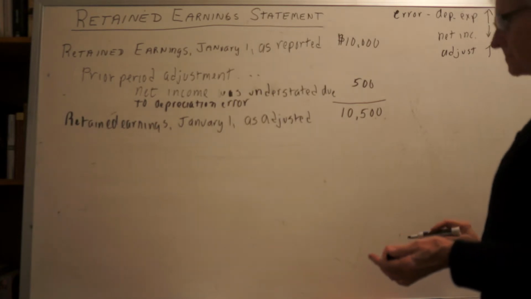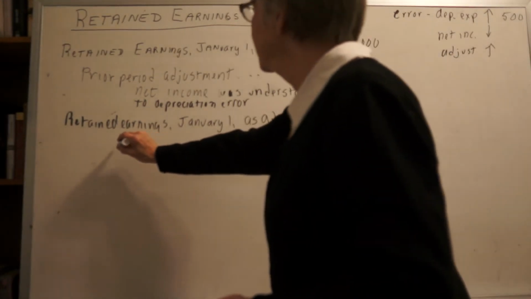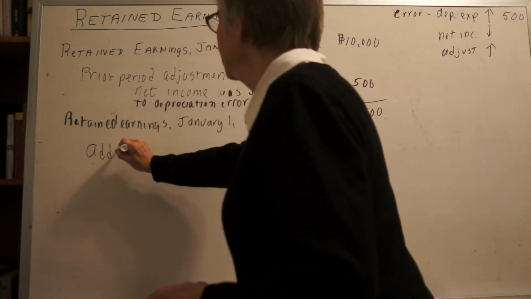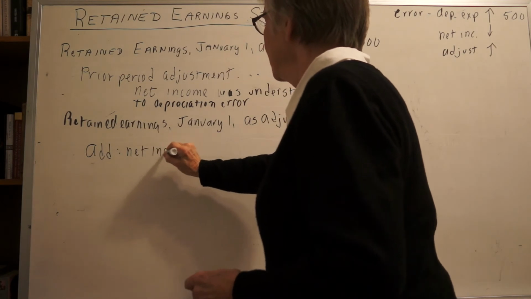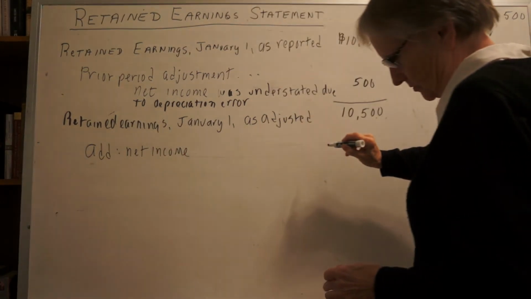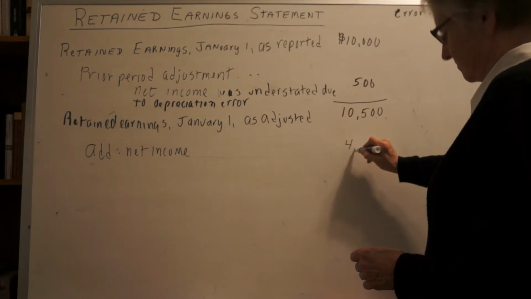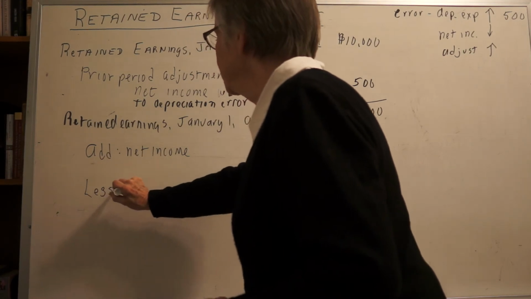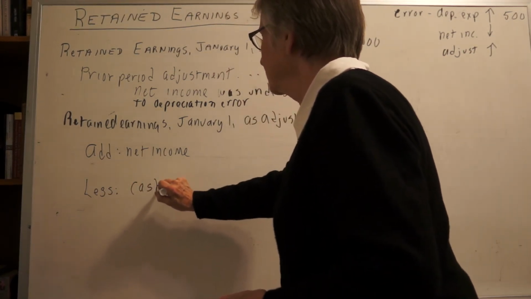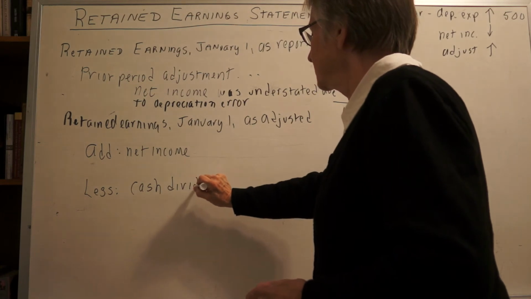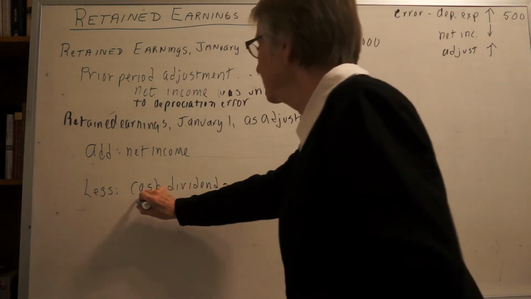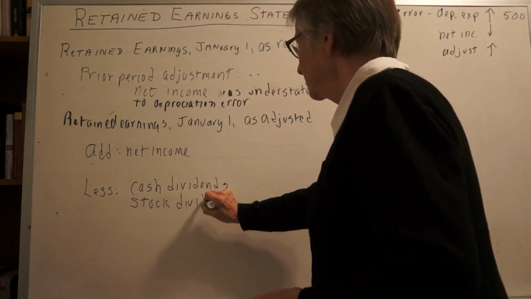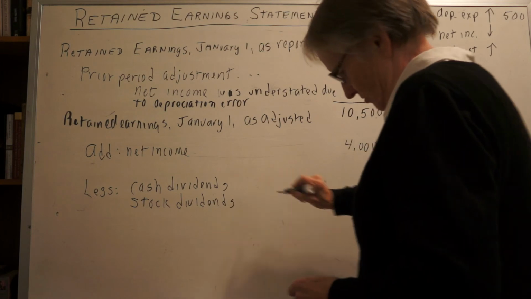And then we go in and we add our net income. The net income given was $4,000. Then we're going to go less dividends, and we have both cash dividends and, now that you know how to do stock dividends, you have to remember that they also are deducted. They reduce retained earnings, and so they are also shown as a deduction on the retained earnings statement.